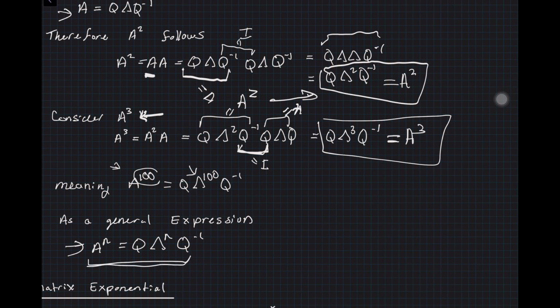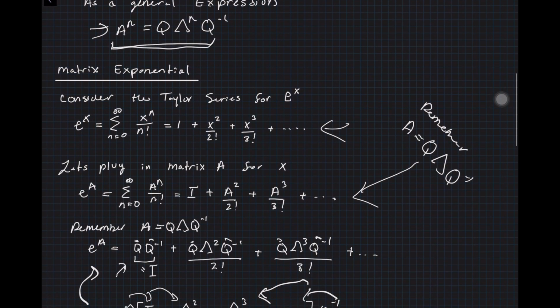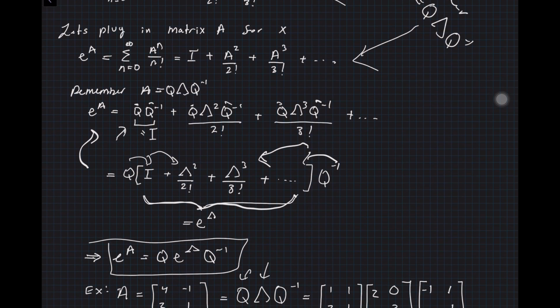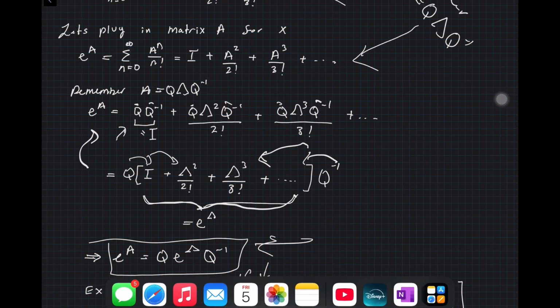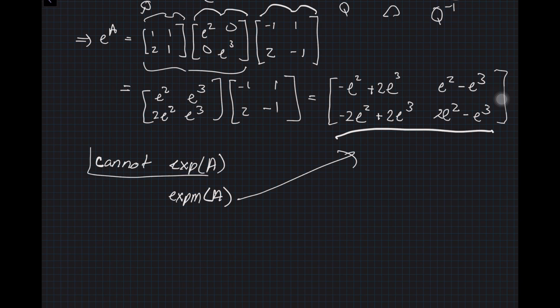Whatever the power is, you raise the capital lambda to that power, and it's easy because it's a diagonal matrix, and multiply it by Q and Q inverse. And over here, we used the Taylor series expansion to show that e to the A, the exponential of a matrix, is the same as Q e to the capital lambda Q inverse. And don't do this in MATLAB. I recommend using expm, where the m is for the matrix function.